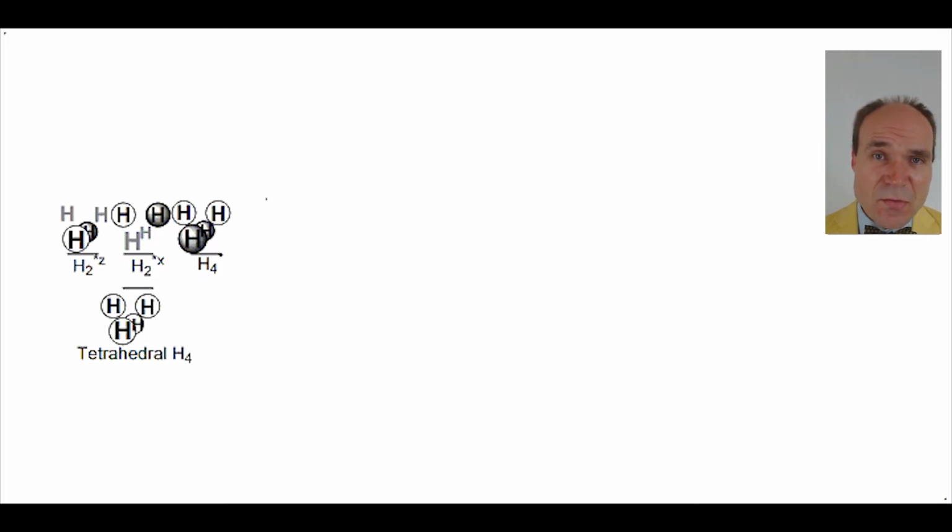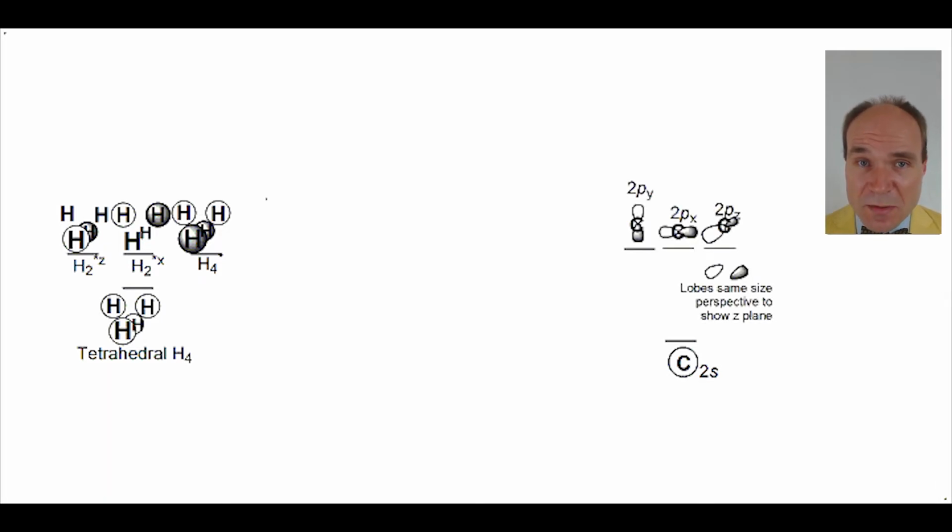That's the hydrogens. What about the carbon? Well, in the carbon's case, we know we're dealing with an s orbital and p orbital, p orbital, p orbital, where the p orbitals are orientated differently from each other, one in an x-axis, one in a y-axis, and one in a z-axis.